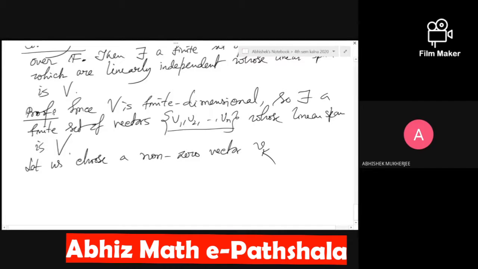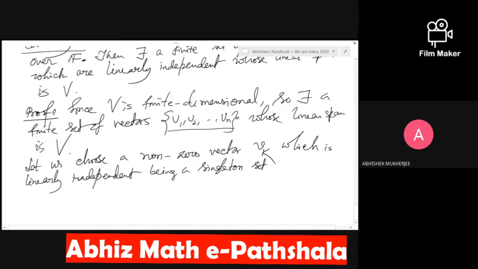Since vk itself is a non-zero vector, it must be a linearly independent set which consists of exactly one vector vk. So it is linearly independent, being a singleton set of vk. So this is itself a linearly independent set.